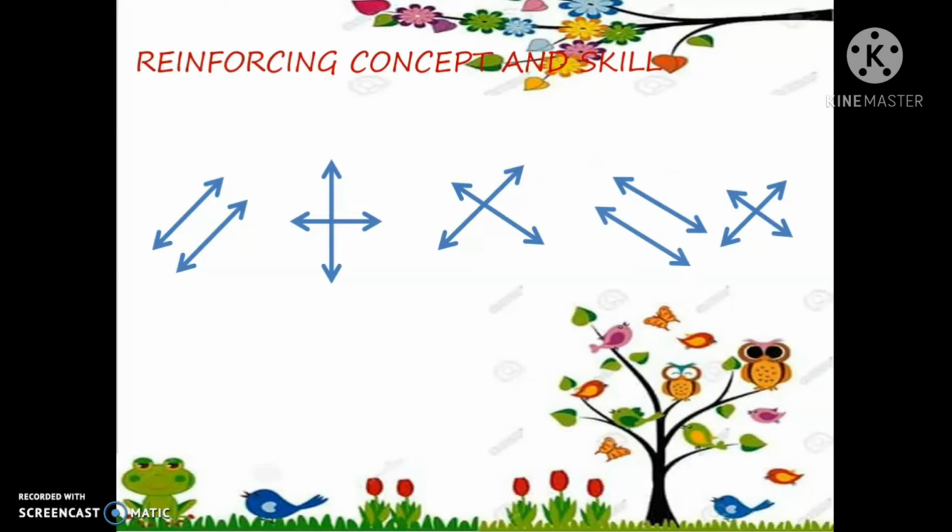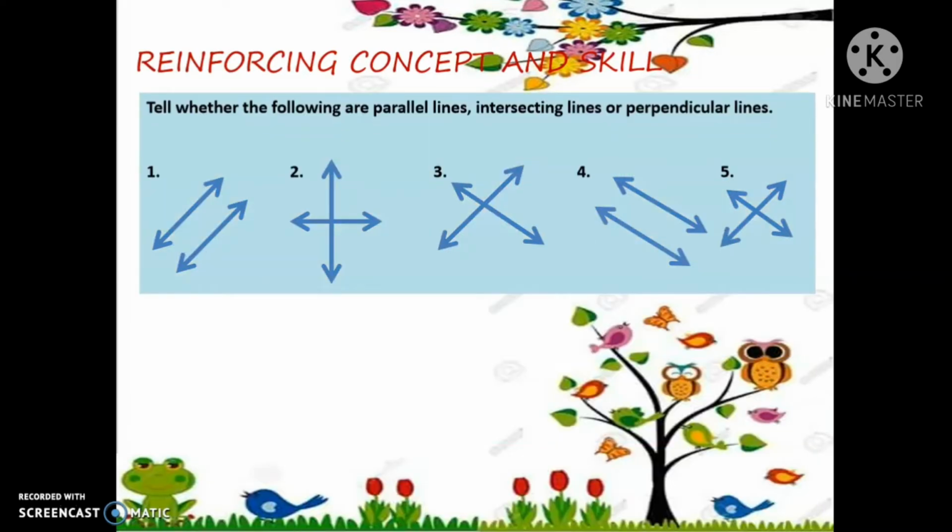Let us have a practice. Tell whether the following are parallel lines, intersecting lines, or perpendicular lines. For number 1, what is the answer? Correct.